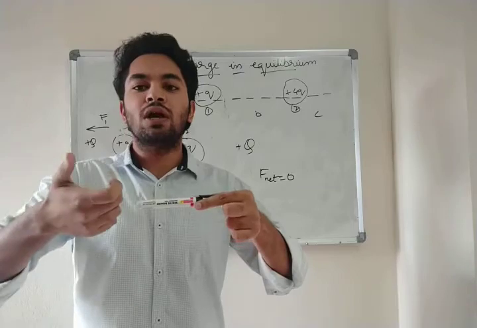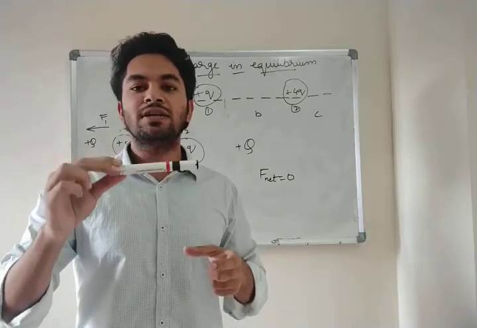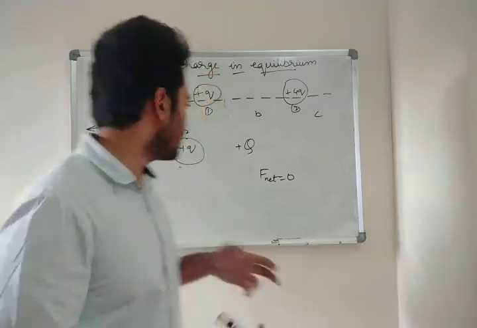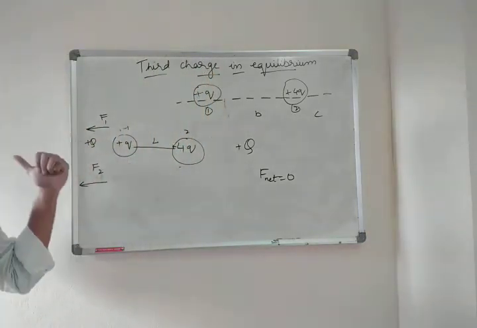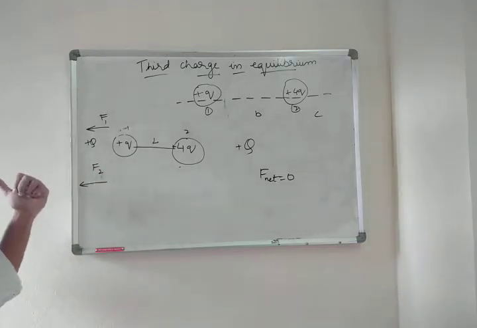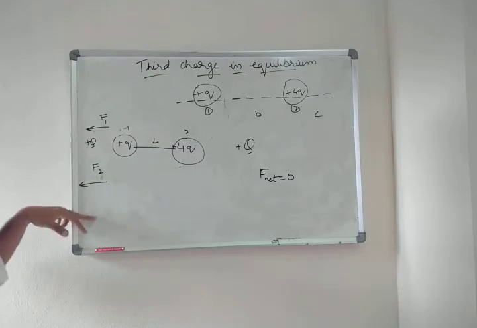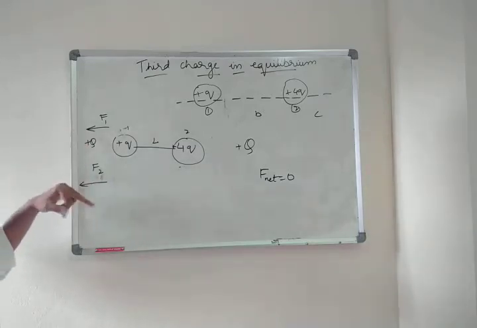Then only we call it equilibrium, and the object is said to be at rest. So similarly, here also one force is acting in this direction. The other force is also acting in the same direction. What happens? Both forces get summed up.